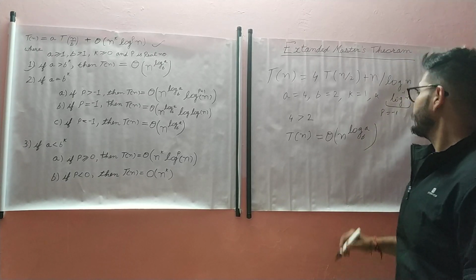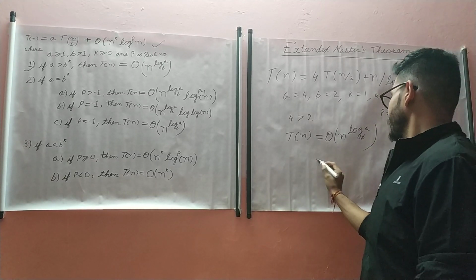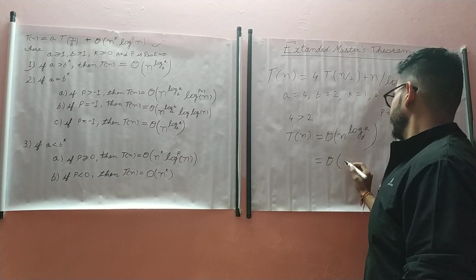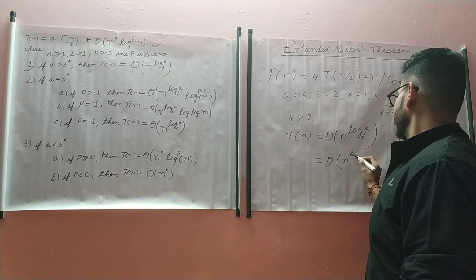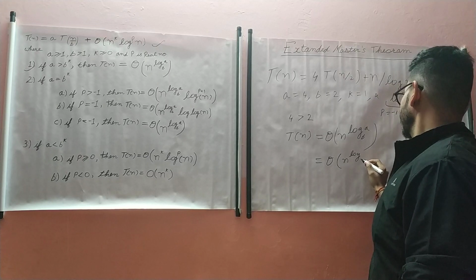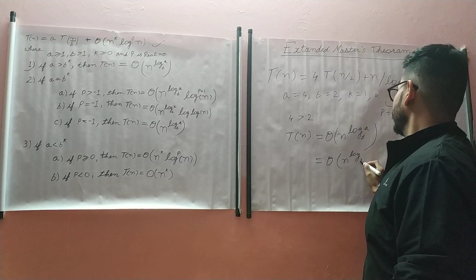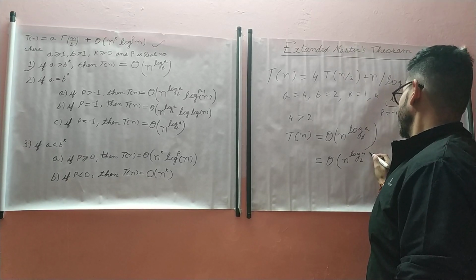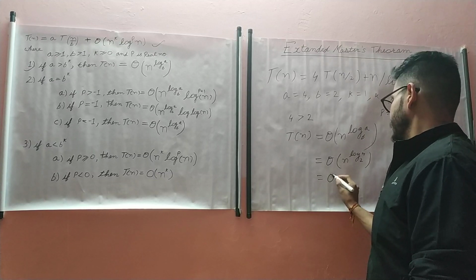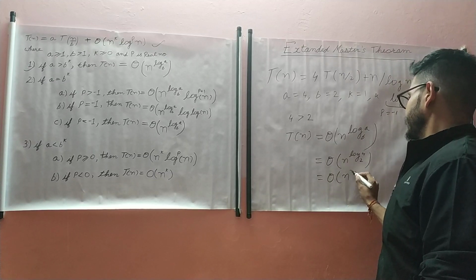Now put the values of a and b. T(n) = theta of n^(log_2 4). So we get theta of n squared.